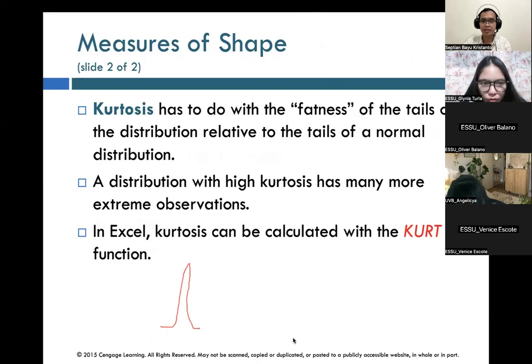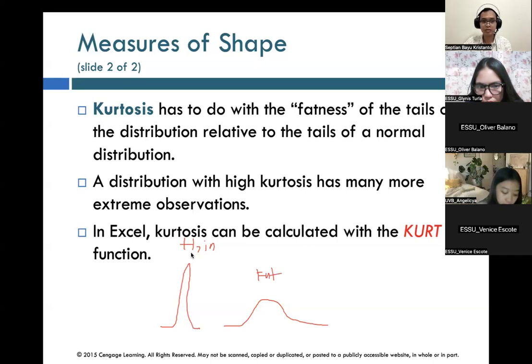This one is thin, and this is the fat data. What is the meaning of thin or fat data?